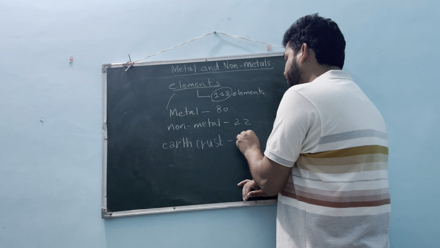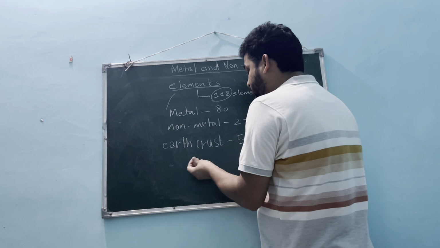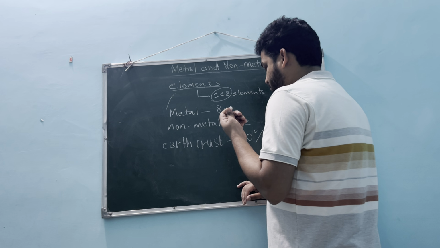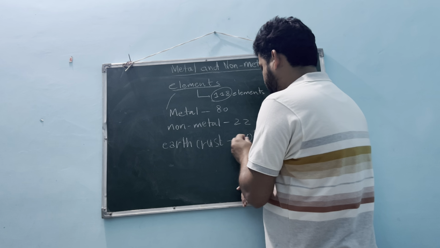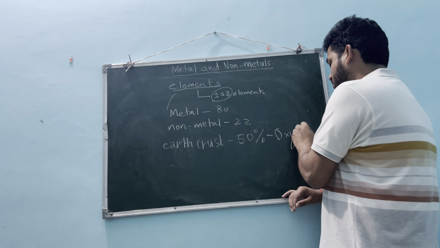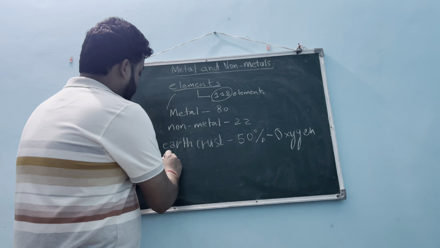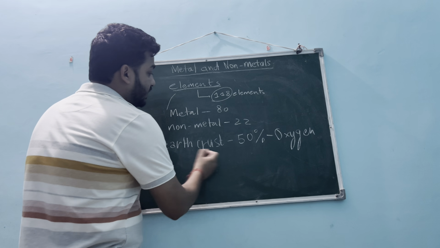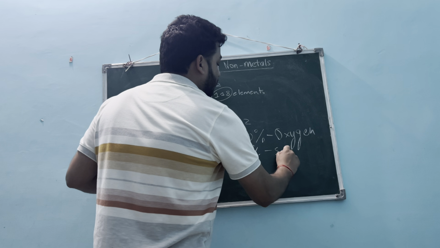For example, in earth crust, oxygen is almost 50%, and the second most element that we see on earth crust is silicon. Writing it here, oxygen, and then the second most found on earth crust is silicon, 26%.